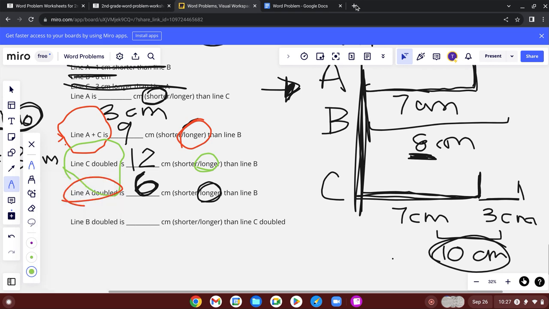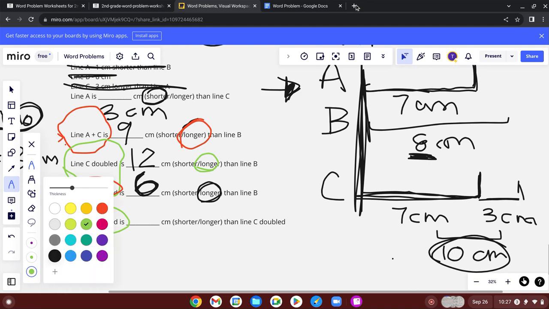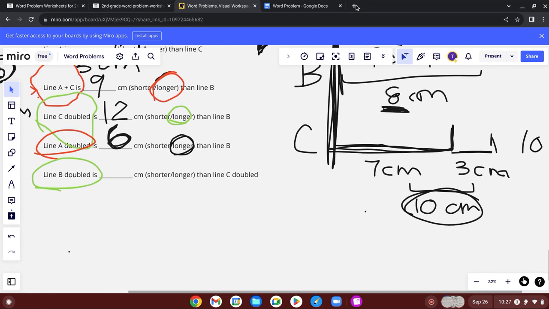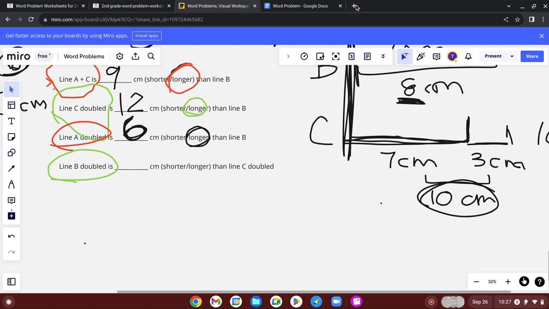Okay, so now the next part. It is line B double. One more. So what do we do? Tell me what you know, Trinity. I know line B is 8. 8 centimeter, correct.